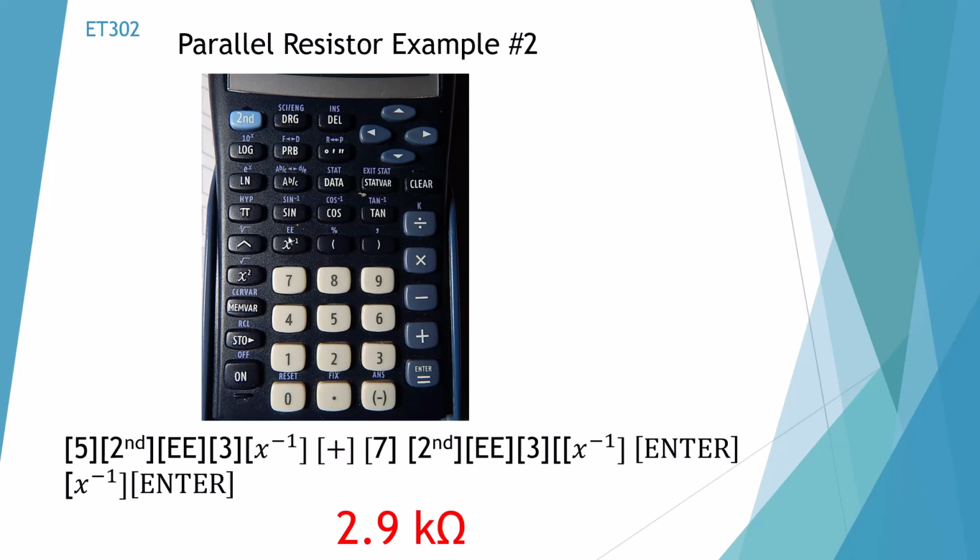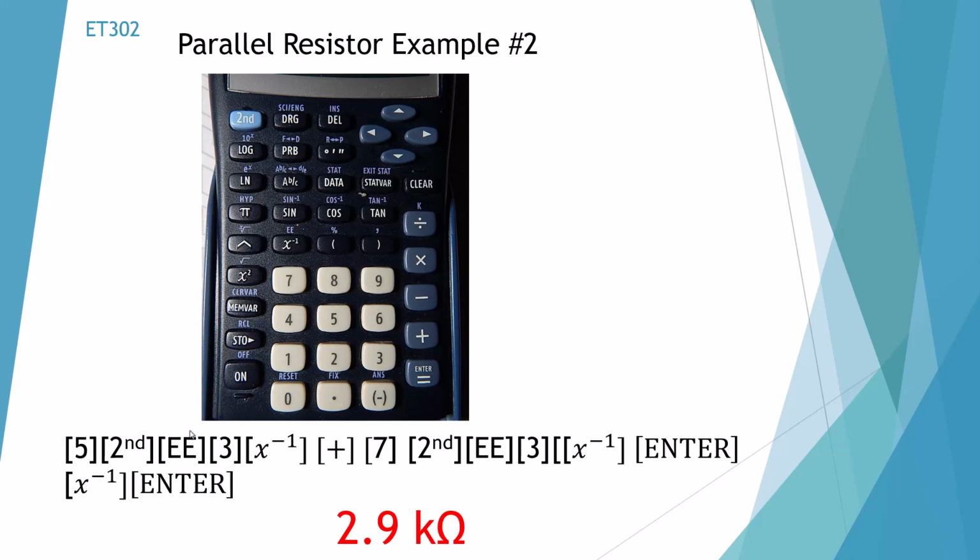We inverse it, push the enter key, inverse it again, and push the enter key, and we come up with 2.9 k ohms. And again, this resistance is smaller than either of our two parallel resistors.